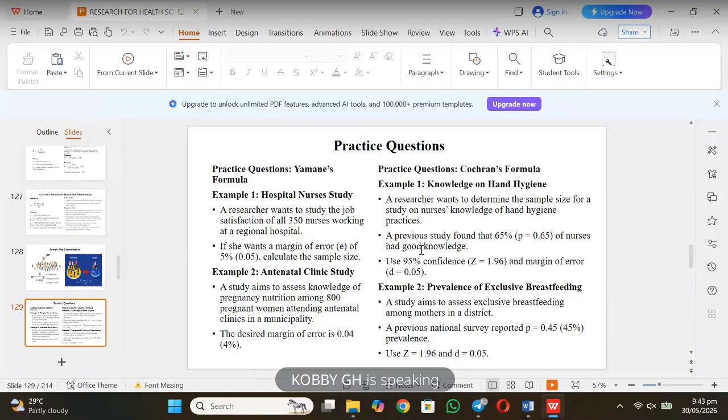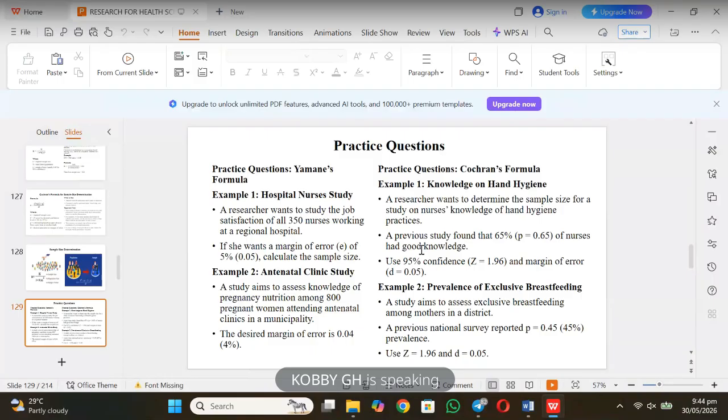Another example, let's say I want to do a study, I want to measure the attitude of patients regarding OPD services. Now, I go to a particular hospital, I realize the population size is very big. Because of that, I'm getting a very big sample size. Okay, let me use Cochran. I will go and look for another research where they also measured attitude.